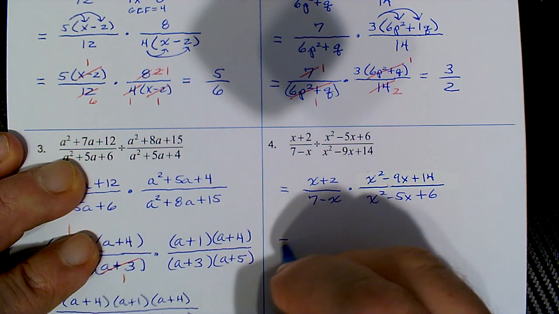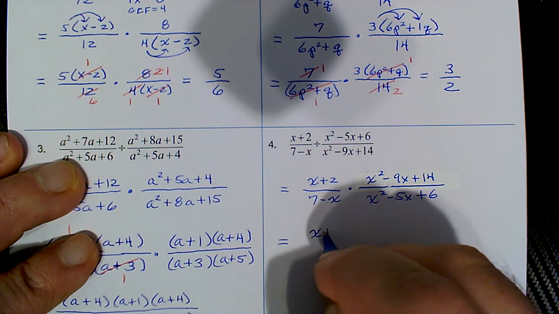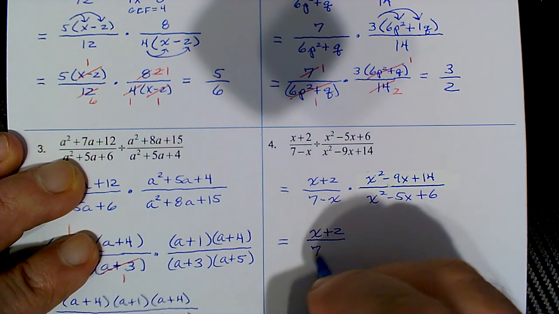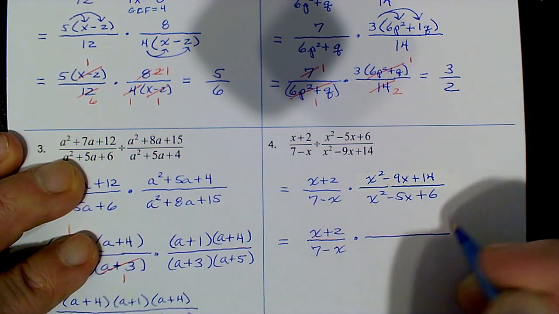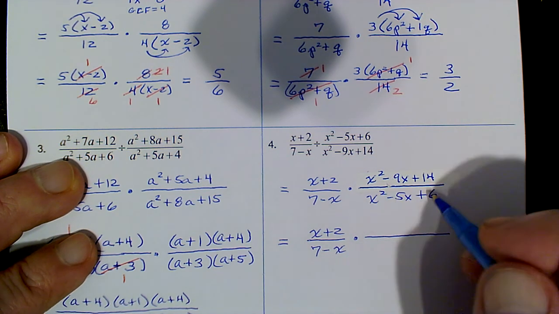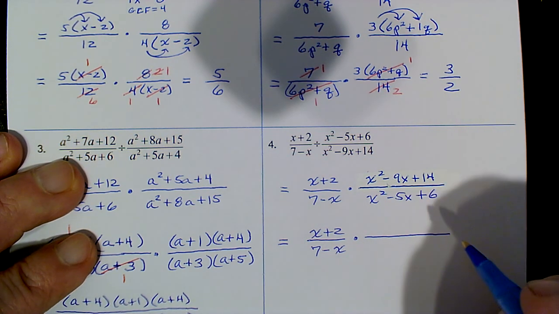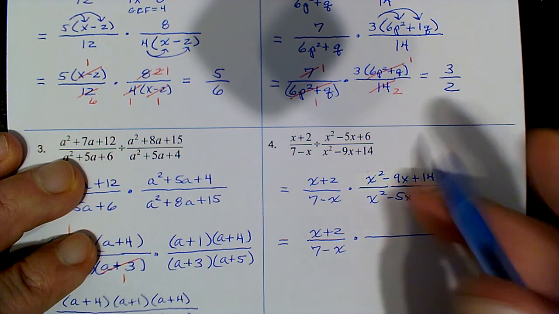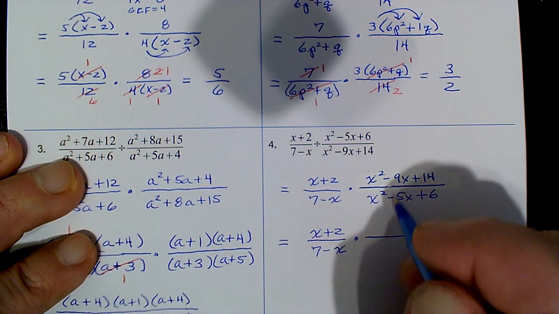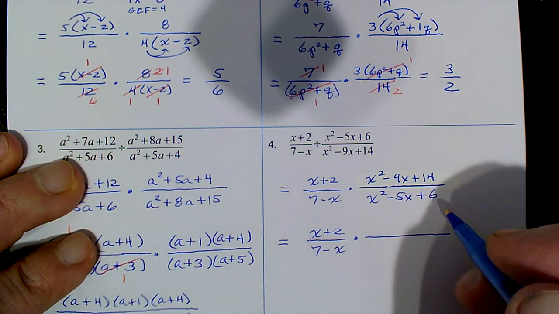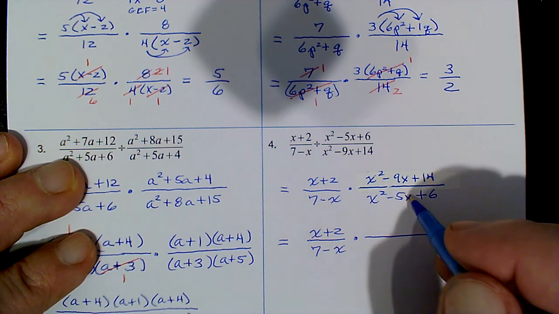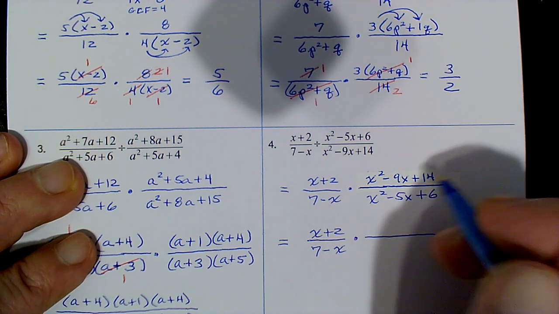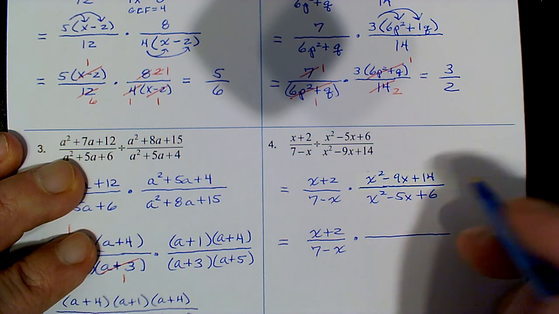I apologize for that. Alright, so now we do the factorization. The first thing you should do, I got a little excited and wanted to jump in and factor right away. But the first thing we should do, so we don't forget to do it in the future, is change multiplication to the reciprocal. Alright, so now we're good.